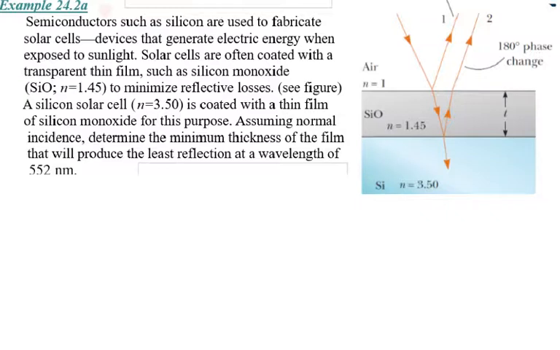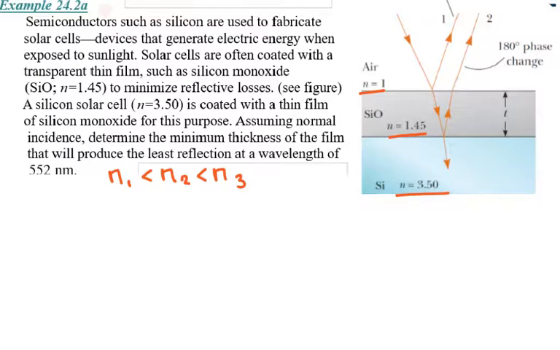So we are looking for the destructive interference. And in this case, I have the case where n1 is less than n2 and less than n3. It goes from 1 and then 1.45 and then 3.5.